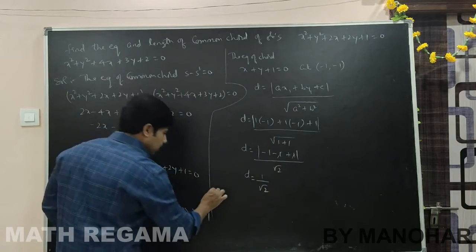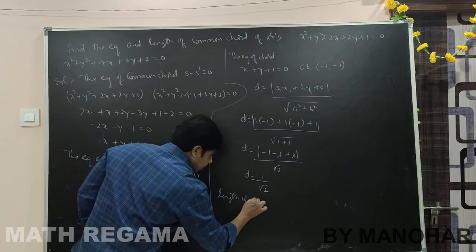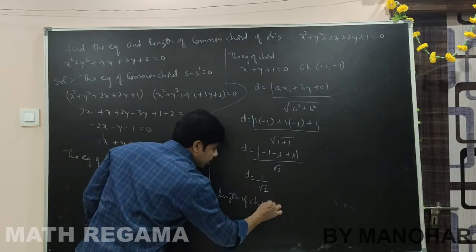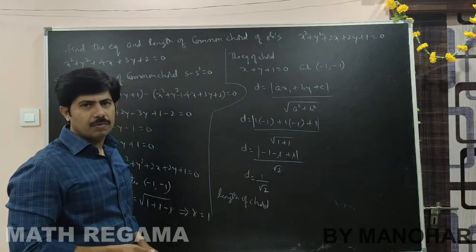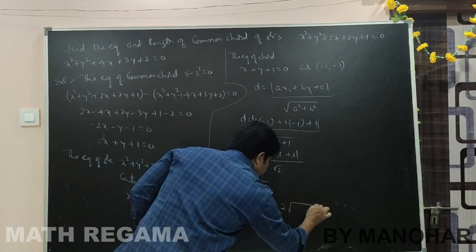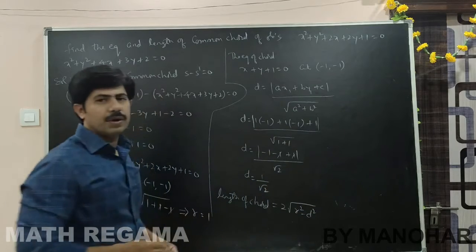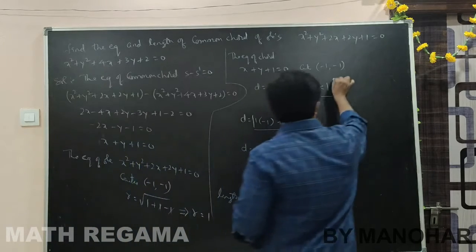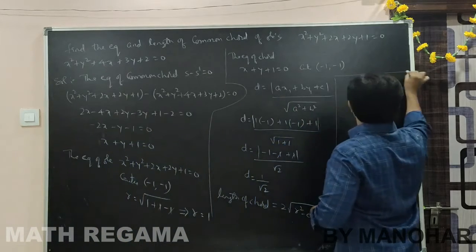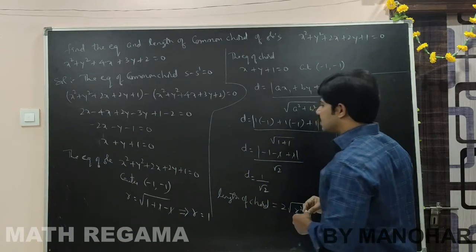Now we will find out the length of chord. Length of chord or length of common chord is the same. So length of chord is equal to 2 into under root of r square minus d square. So this is nothing but 2 into under root of r square.